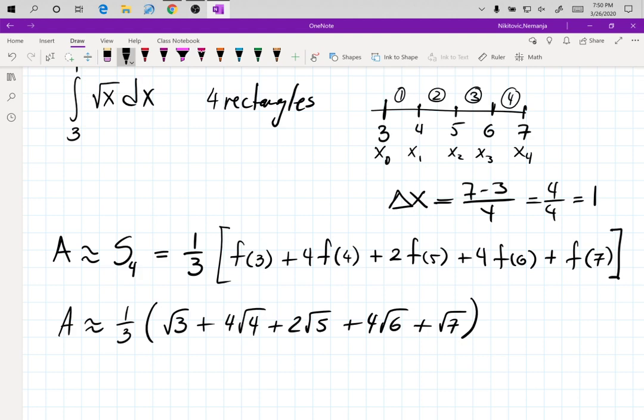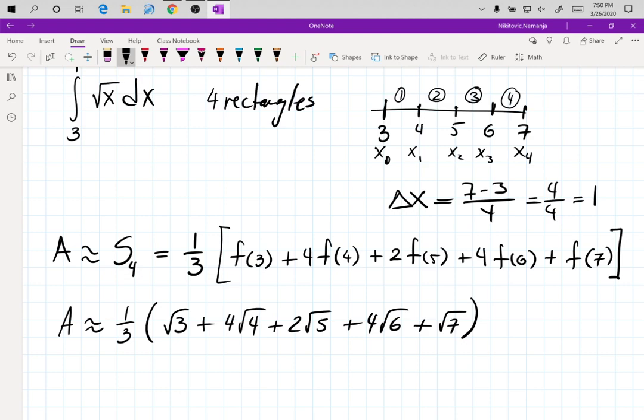Let me see. We have open parenthesis, square root of 3, close parenthesis. There we go.